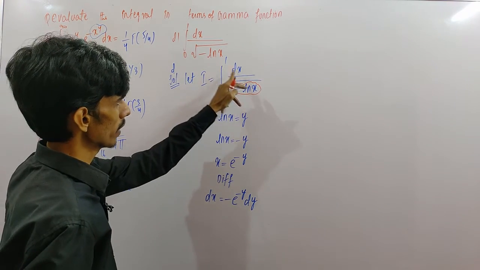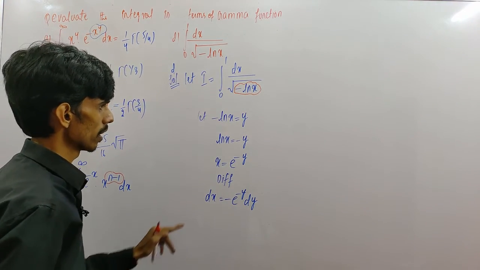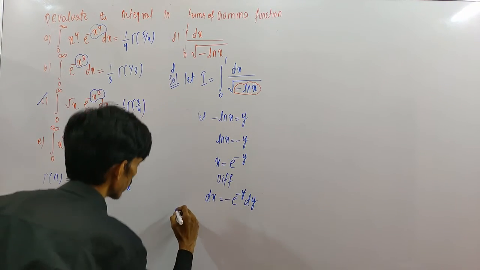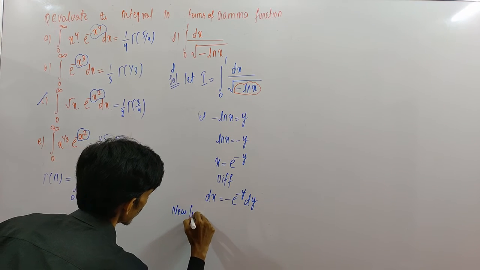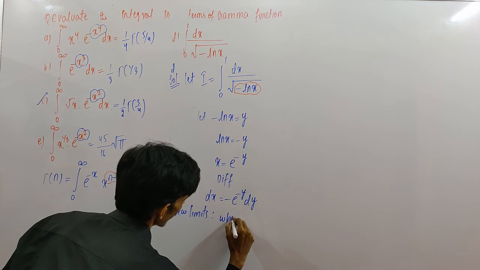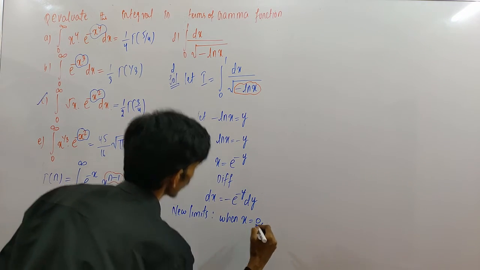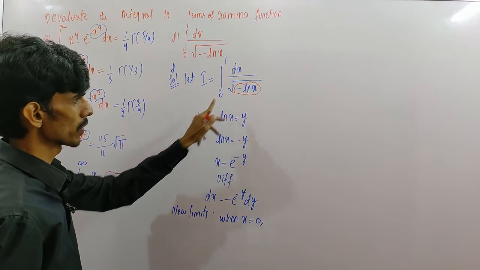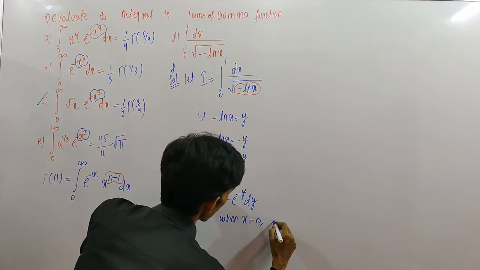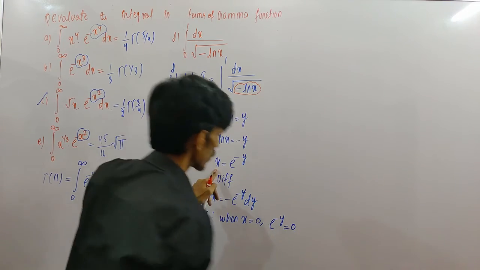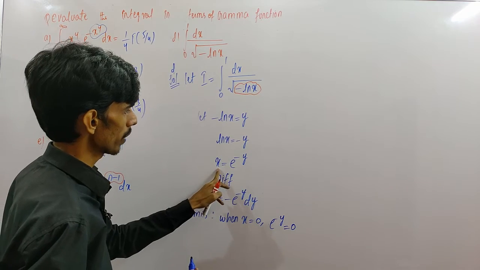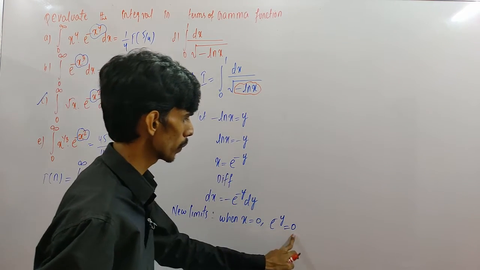This limit 0 to 1 is defined for variable x. Now we have changed the variable to y, so new limits are required. When x is 0, lower limit, substitute x value here, we have e power of minus y equal to 0.